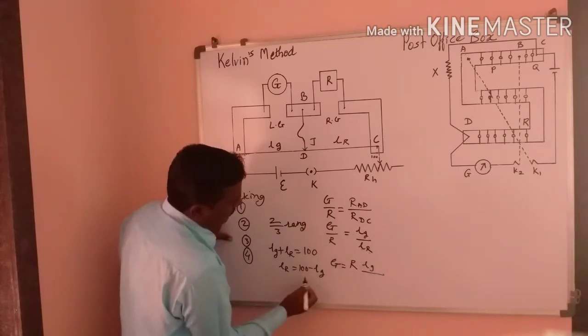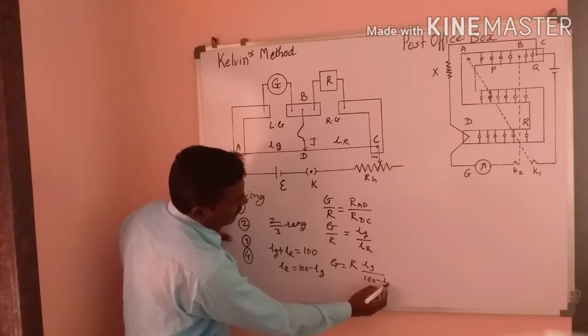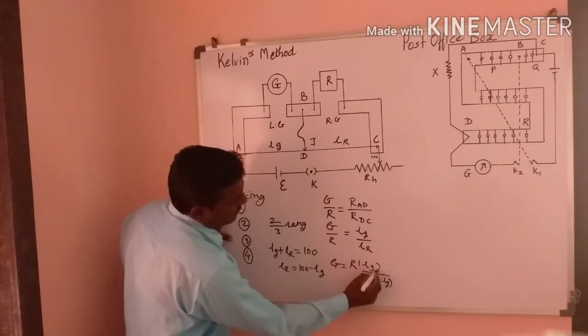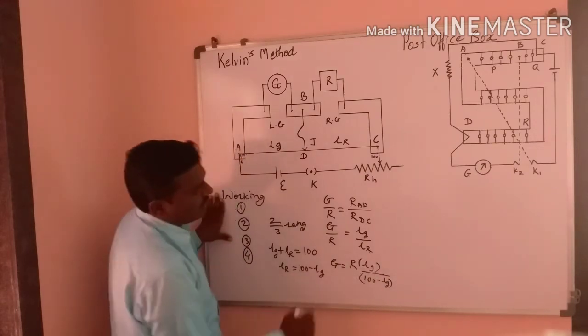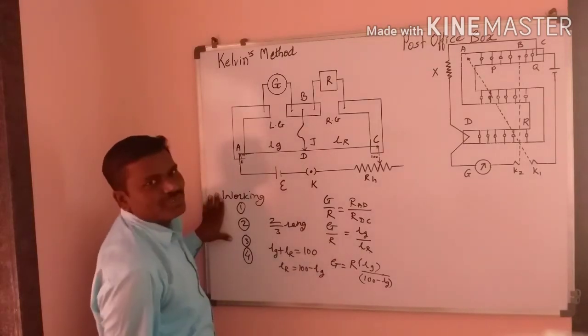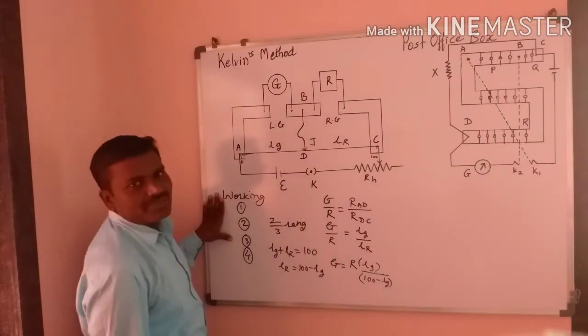Instead of LR we write 100 minus LG. From this equation we determine the value of resistance of the galvanometer. G is equal to R into LG upon 100 minus LG.